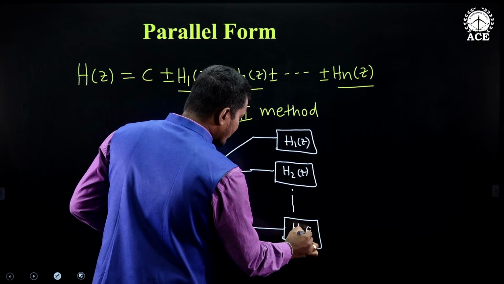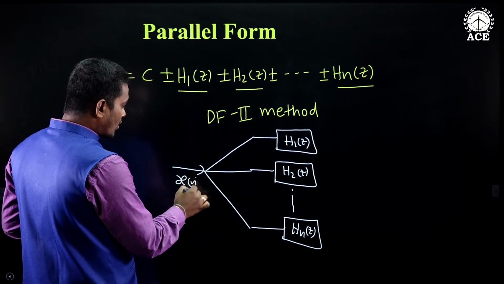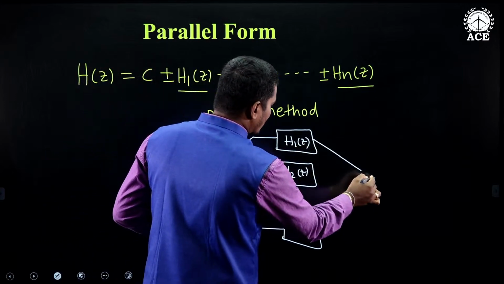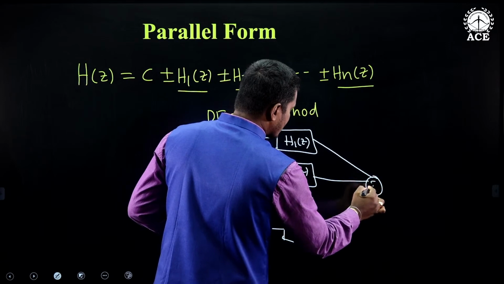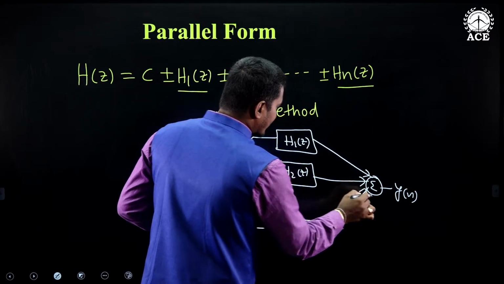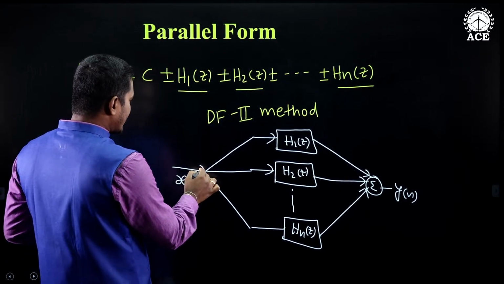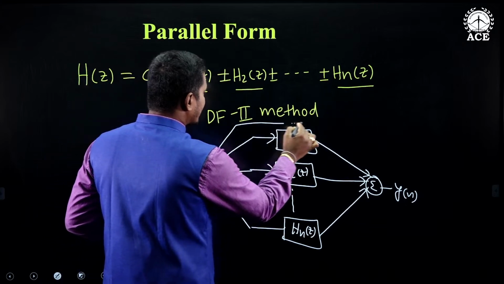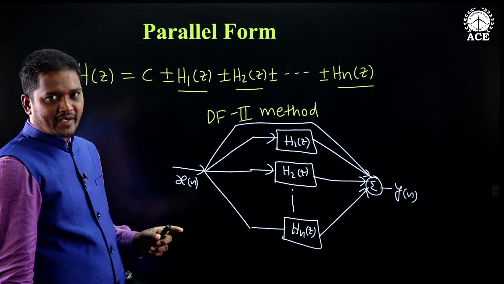Input is x of n to all the systems, and all the outputs you need to add. This is y of n. Suppose if constant C is there, directly take the line like this and do the connection. This is the parallel form implementation.